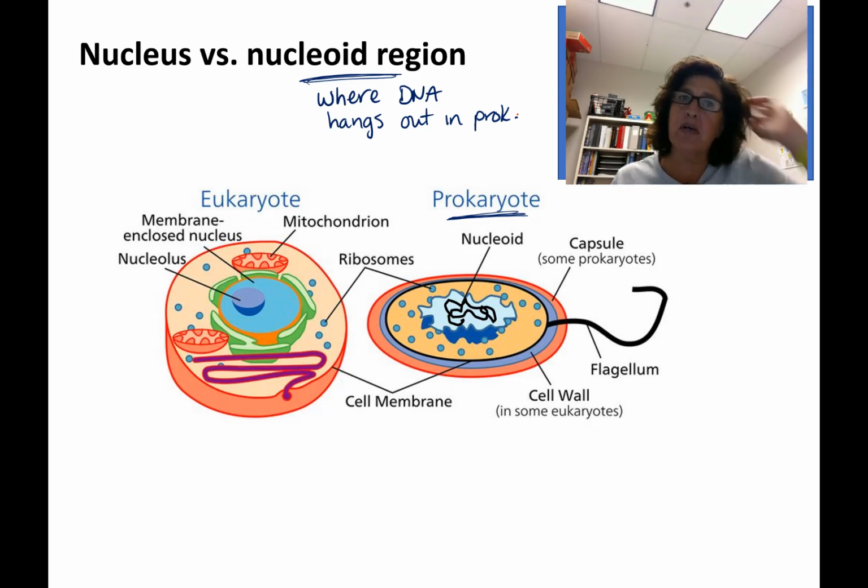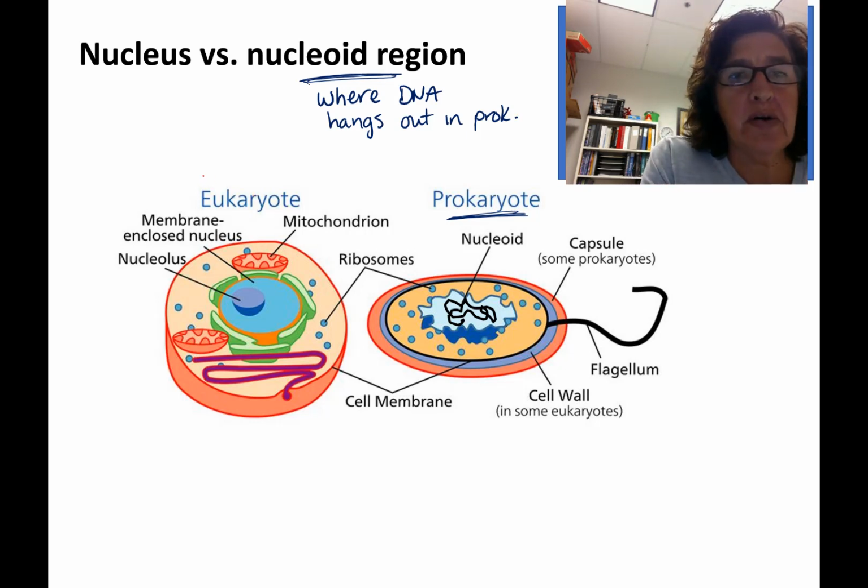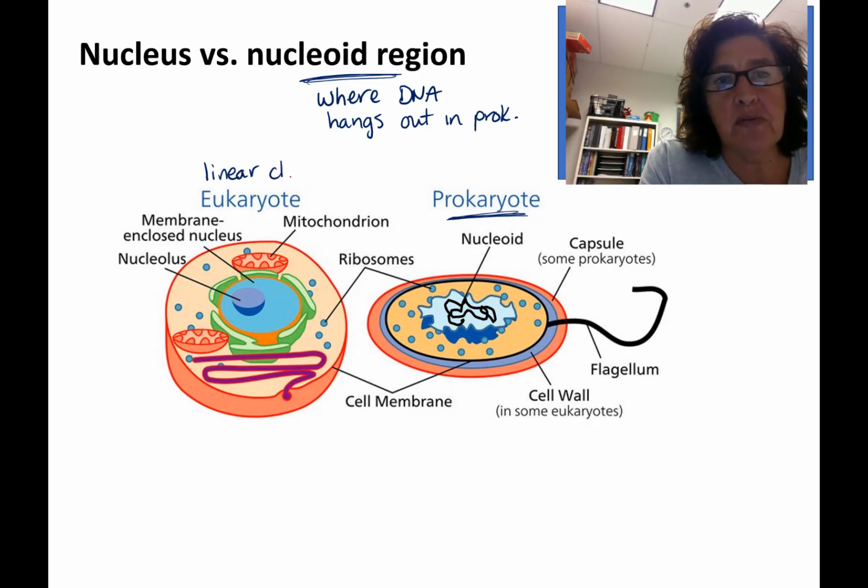And one thing I want to point out is there's a little bit of difference between prokaryotic and eukaryotic DNA. Now, structurally, what they're made of is the same, but in general, eukaryotes have linear chromosomes.